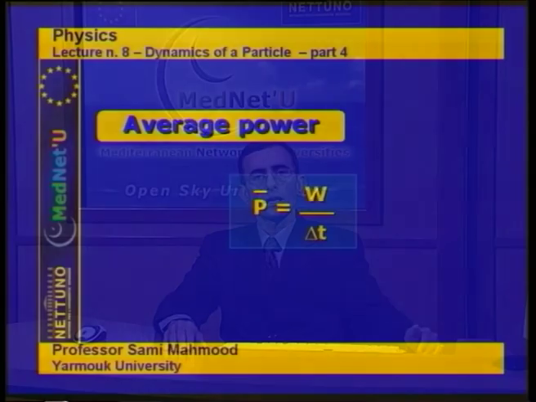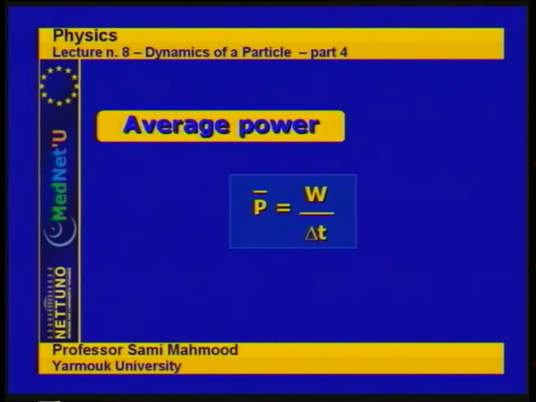If a force acts on an object and it does work W during a period of time delta t, suppose that delta t is the time that is required to do the job W, then we define the power of that force which did the work W. We define the average power during this period of time delta t as being P bar, which means average, is equal to the work done during the time interval divided by the time interval.